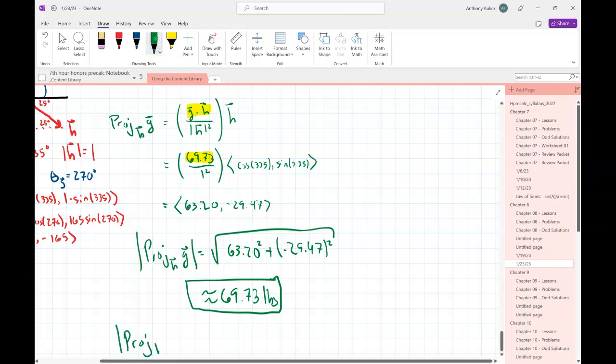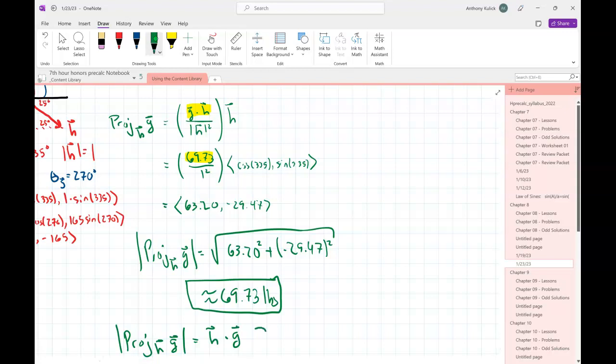Is the magnitude of the projection just going to be equal to the dot product? Is that true every time? Yes. No. But it's true under certain conditions, which we'll talk about next time.